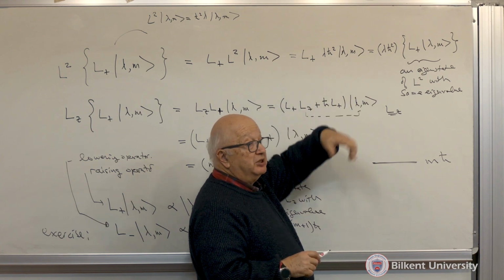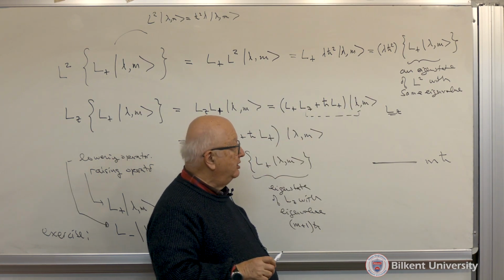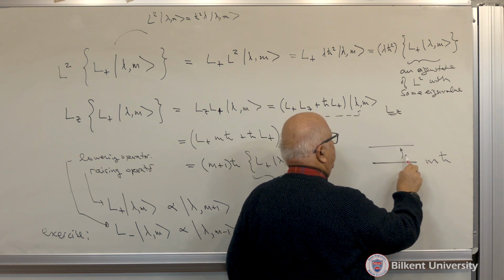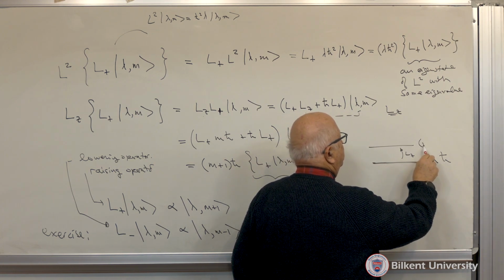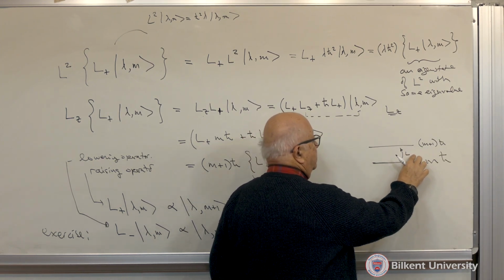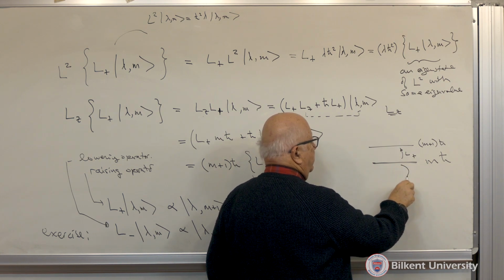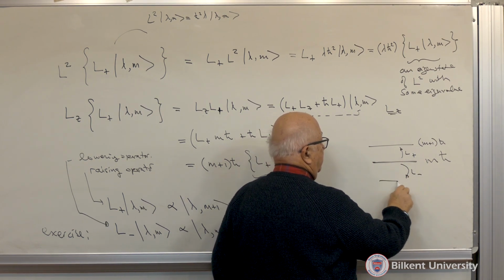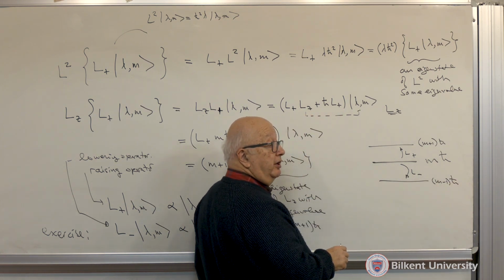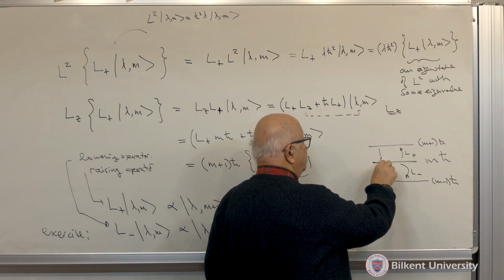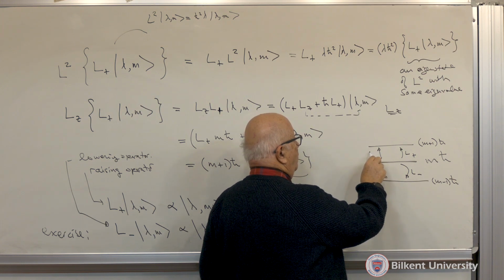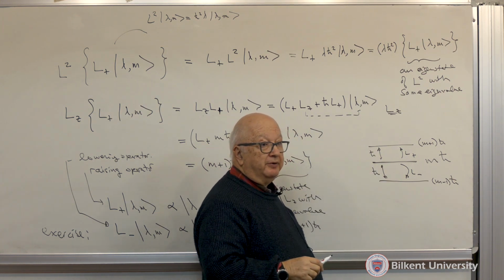So that's one possibility. Suppose I can find just one eigenstate like that. Now, when I operate on it with L plus, we are going to get m plus 1 h bar. If I operate on it with L minus, I'm going to get m minus 1 h bar. So I have a spectrum of eigenvalues separated from one another by h bar.